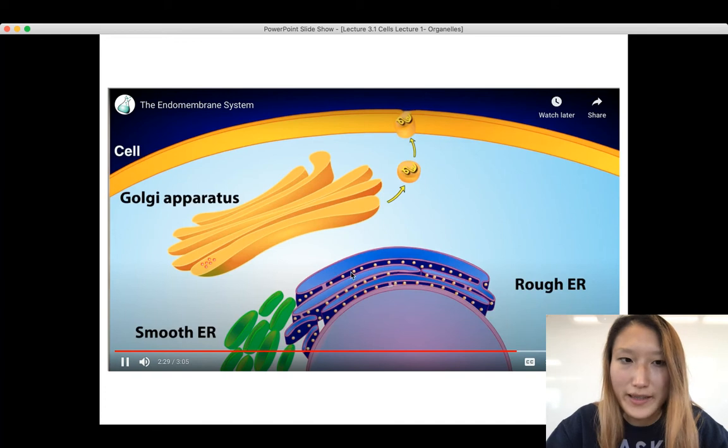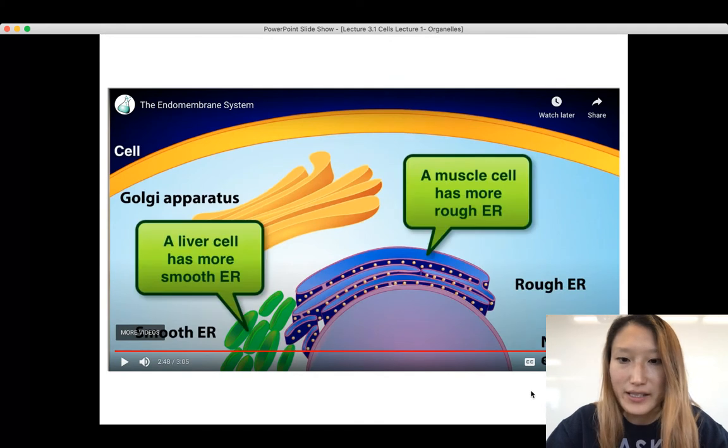Right? So if you just look at that, this Golgi can bud off a little vesicle, and then this vesicle can go to the cell membrane, right? So let's take a look at this together.